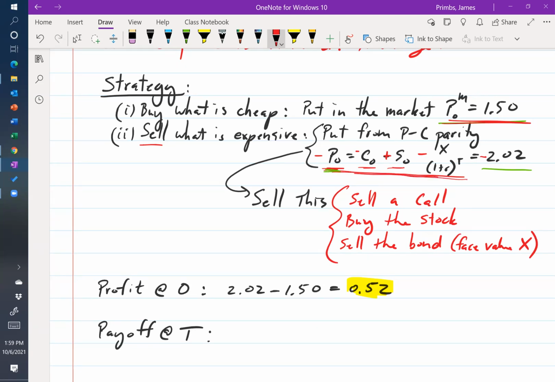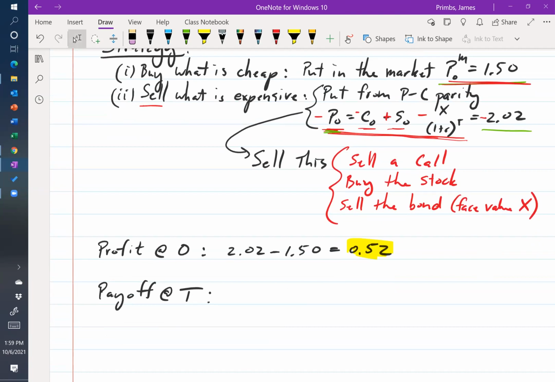That's what put call parity allowed me to do. It said, if you want to short that exact same payoff, you can do it by this strategy: sell the call, buy the stock, sell the bond. So my payoff at T, those are going to cancel each other. I'm long a put payoff, I'm short a put payoff. It's going to be 0. So this is going to be an arbitrage.